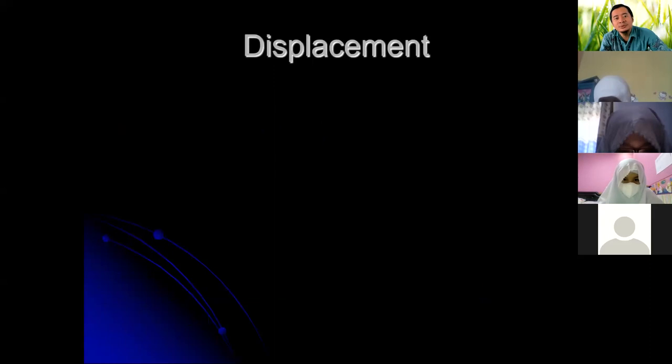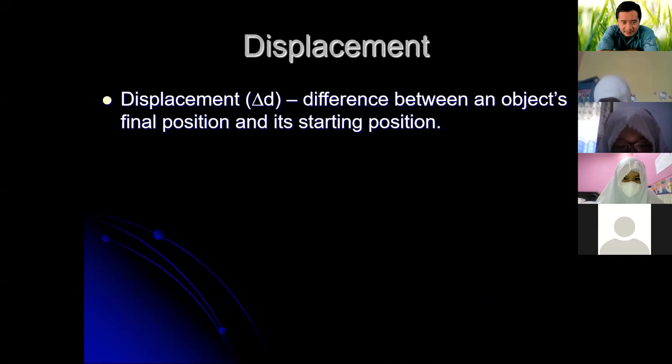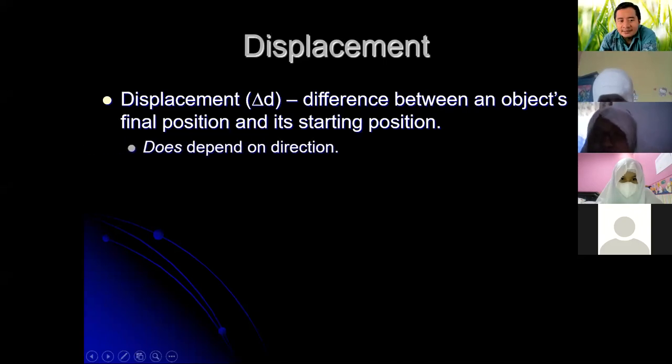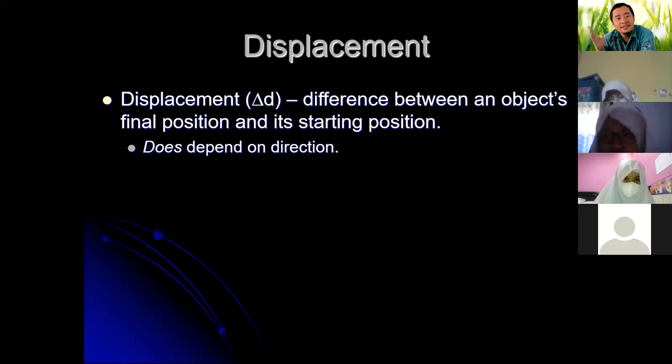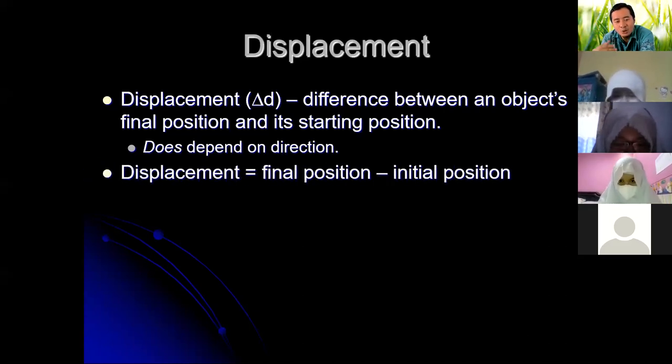Now we go to the displacement. Displacement or delta D is the difference between an object's final position and its starting position. And it does depend on direction, different from distance. Displacement does depend on direction. Displacement equals final position minus initial position.